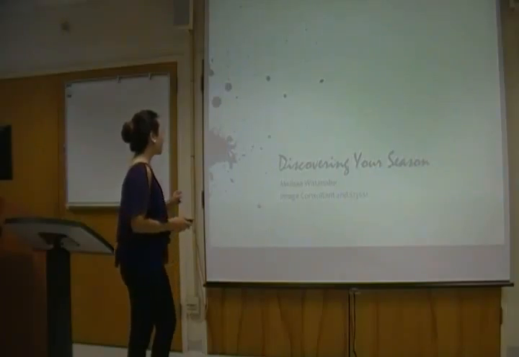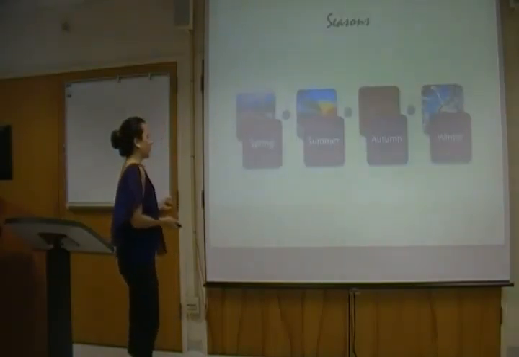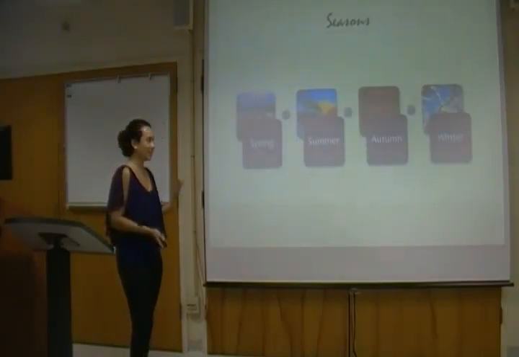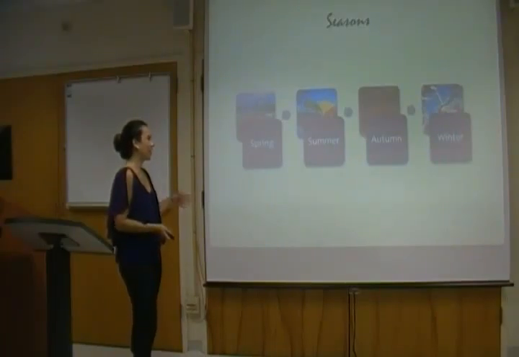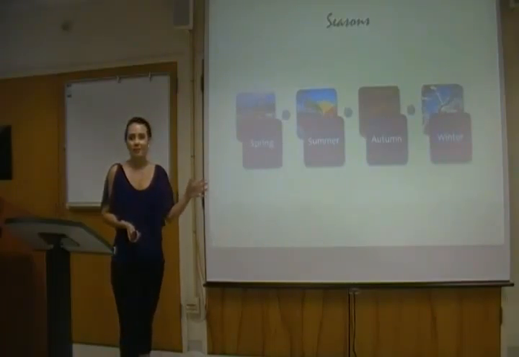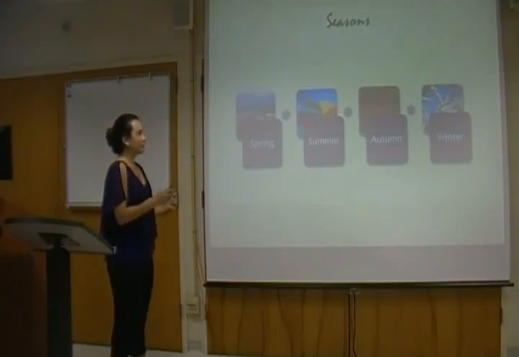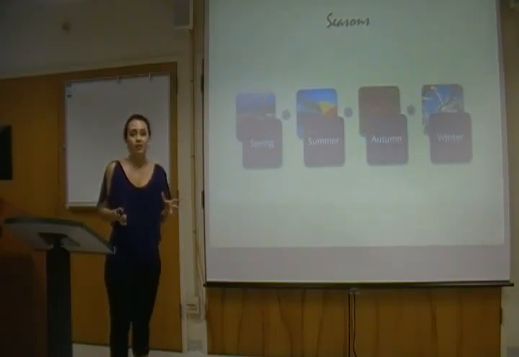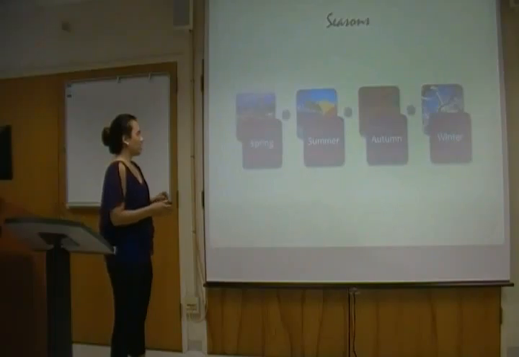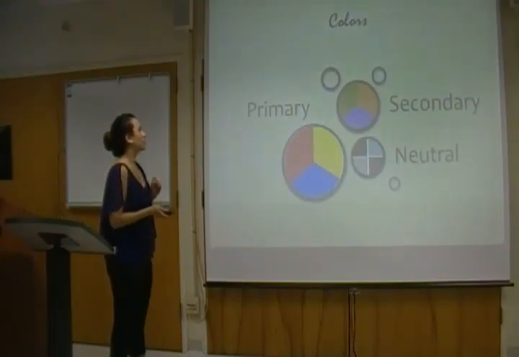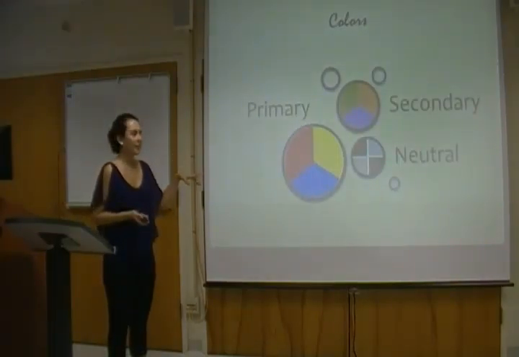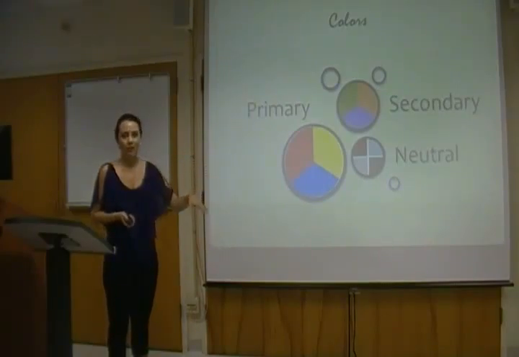So first of all, let's talk about seasons really quick. As you all know, there are 4 different seasons throughout the year: spring, summer, autumn, and winter. And for each season, there is actually a different set of colors. So, colors. First of all, we have primary colors, secondary colors, and neutral colors.